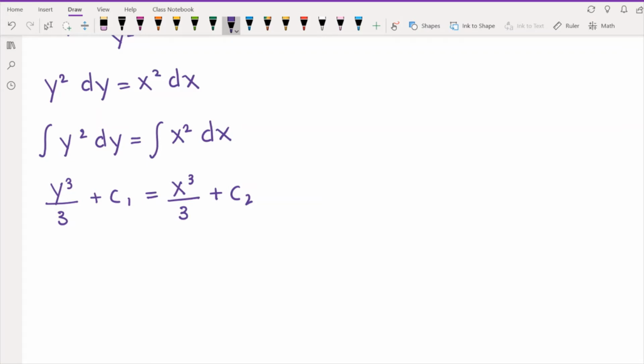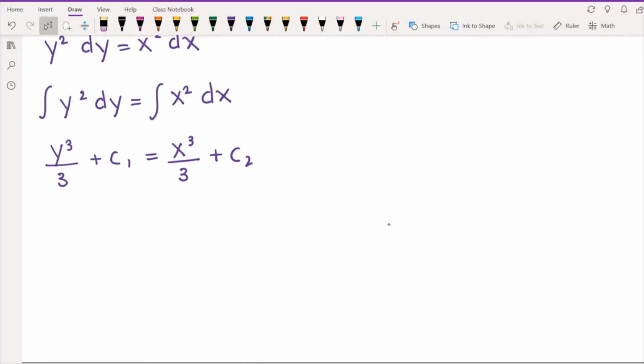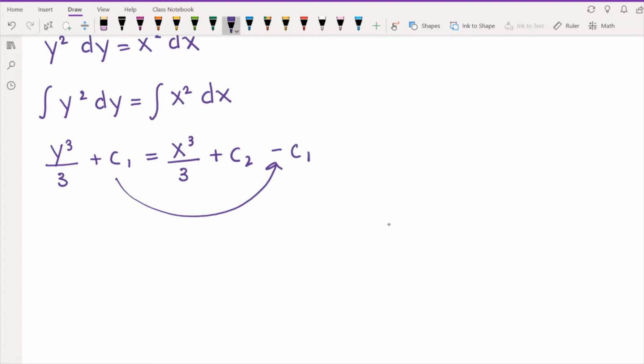So why do you not have to write a plus c on both sides? Well, remember that plus c is meant to represent any number, any real number. So if I were to subtract this c to the other side, then together, these two would just give me a new constant. And because c2 and c1 both represent any number, if I group them together, that also represents any number.